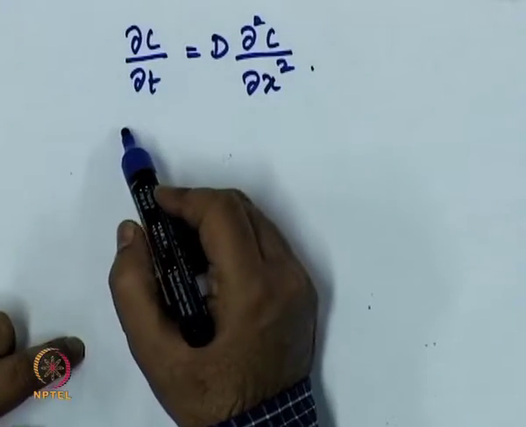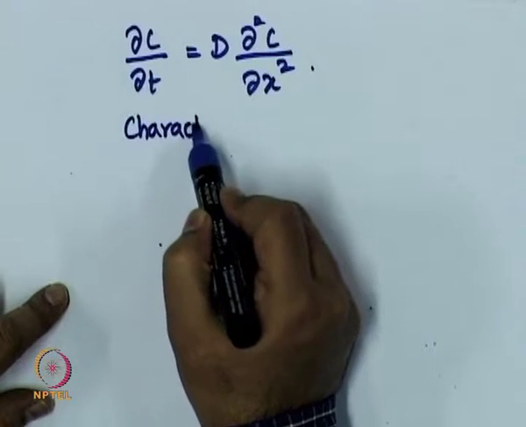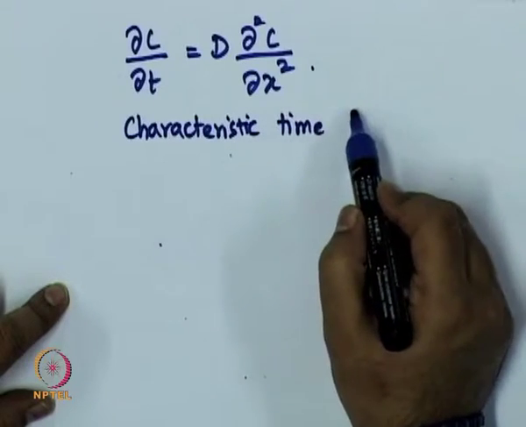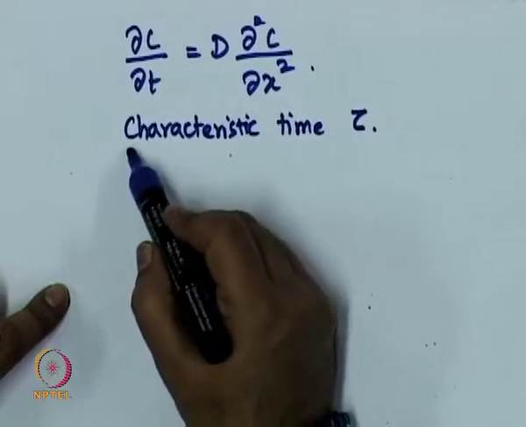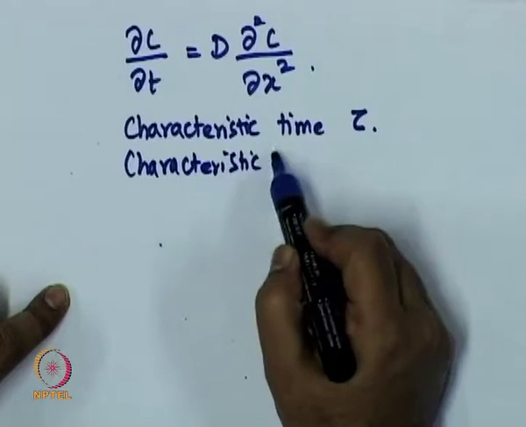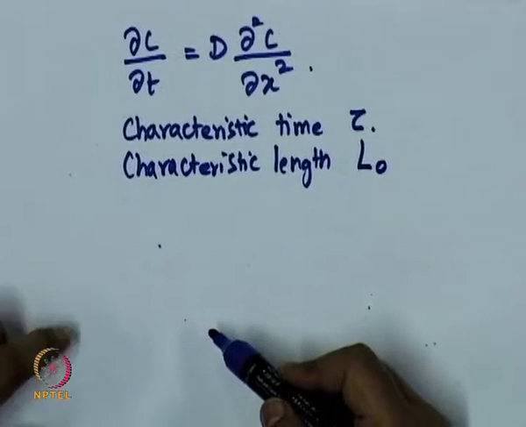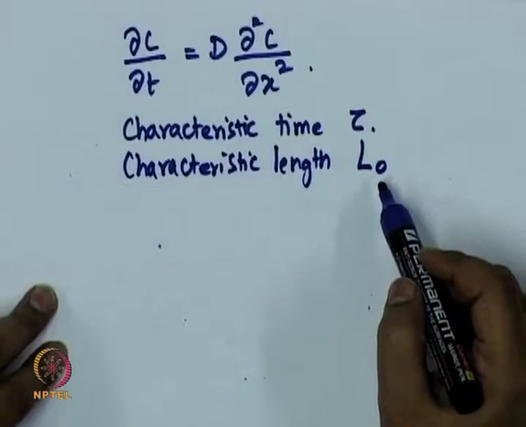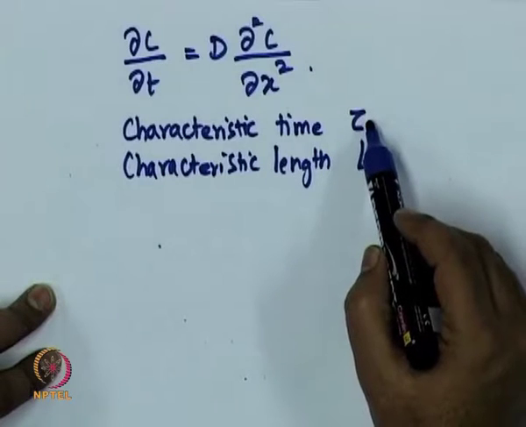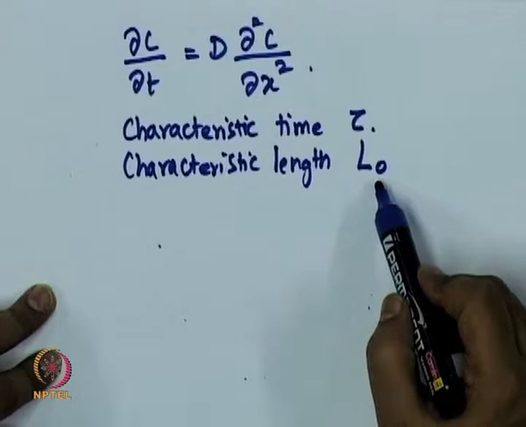So, I am going to take a characteristic time as tau, and I am going to take a characteristic length L0. What are these quantities? We will discuss them. So, I am going to take these and I am going to scale all the times by tau and all the lengths by L naught.